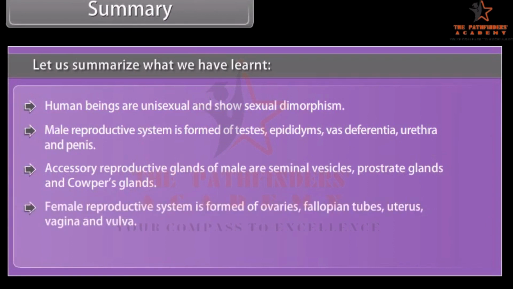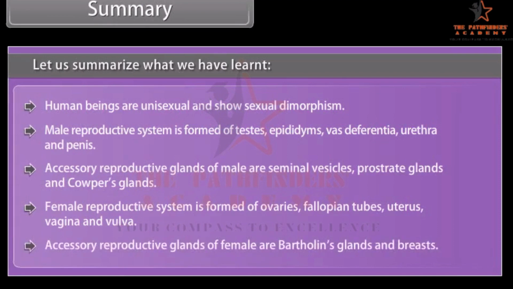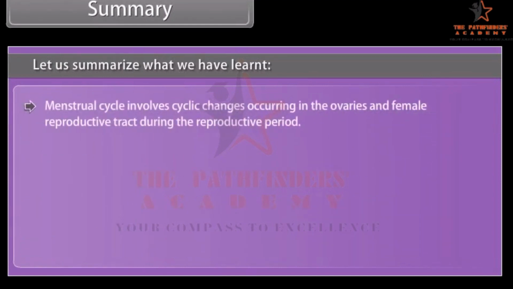The female reproductive system is formed of ovaries, fallopian tubes, uterus, vagina, and vulva. Accessory reproductive glands of the female are Bartholin's glands and breasts. The menstrual cycle involves cyclic changes occurring in the ovaries and female reproductive tract during the reproductive period.